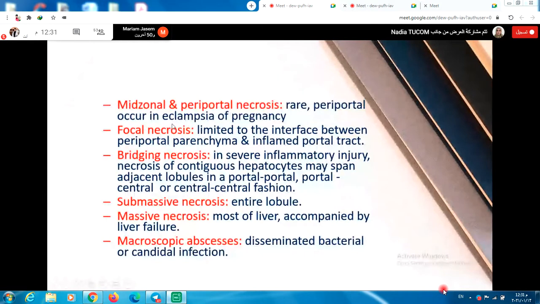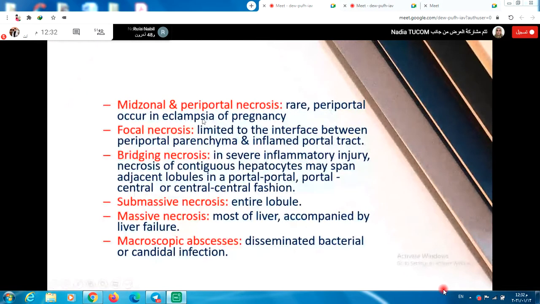For example, mid-zonal and periportal. Mid-zonal means necrosis in zone 2, in the middle. Periportal is zone 1 and mid-zonal is zone 2.